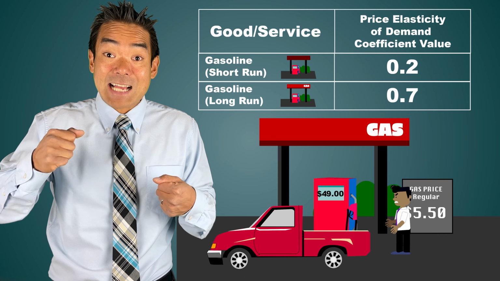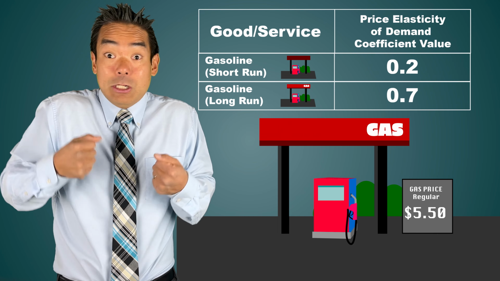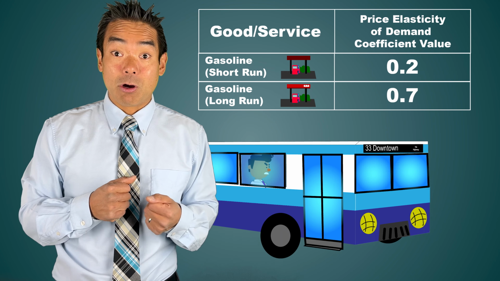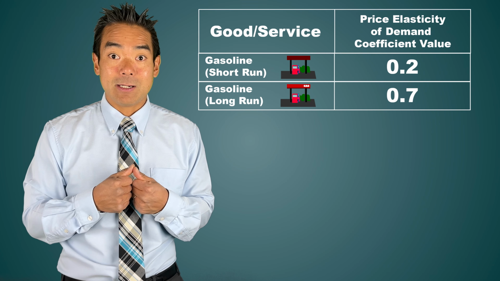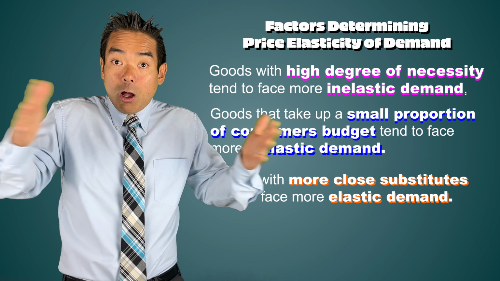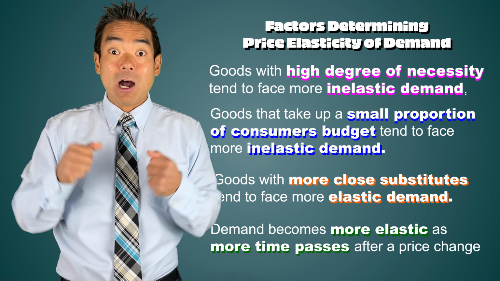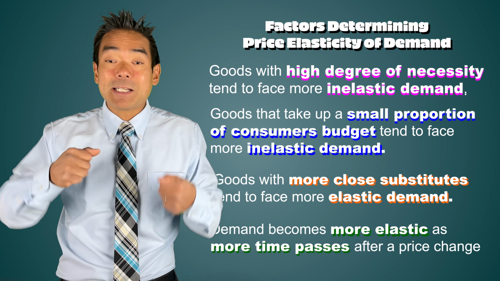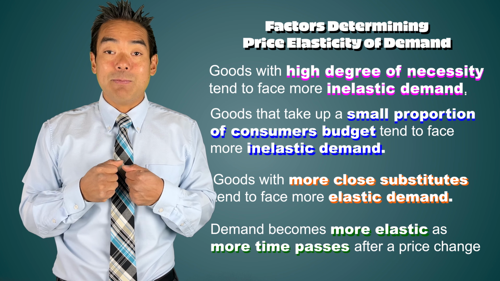But if the price of gas stays high in the long run, I might then adjust my consumption habits. I might take the bus more, or ride my bike more often, or carpool with coworkers in an effort to reduce my expenditures on gas. So, the longer the time period we consider after a price change, the more opportunity consumers have to adjust their consumption habits. So we expect demand to become more elastic in a longer time period.